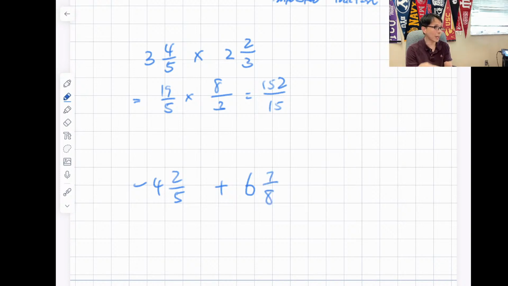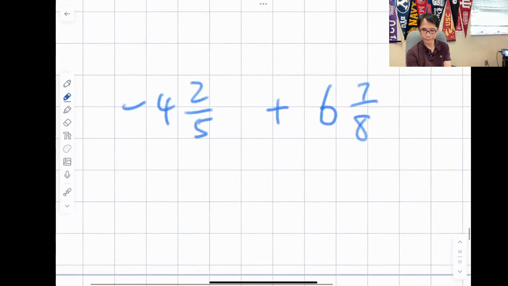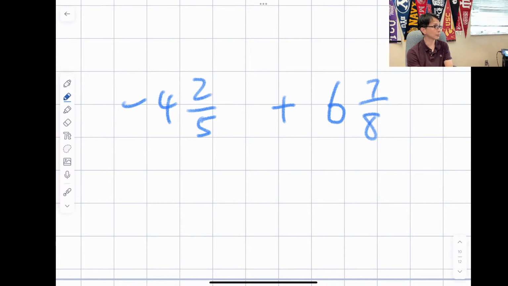So I want you to add those two fractions together. And that's some negative number. So we'll work out one part.